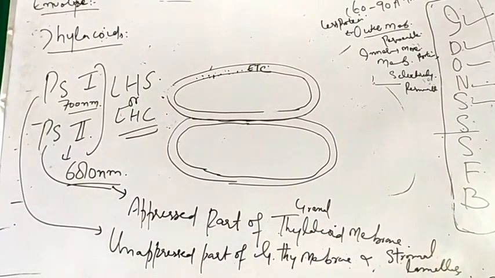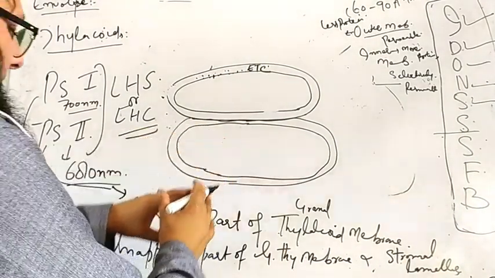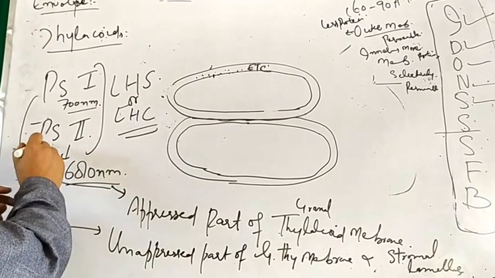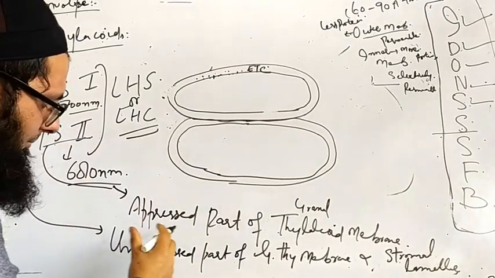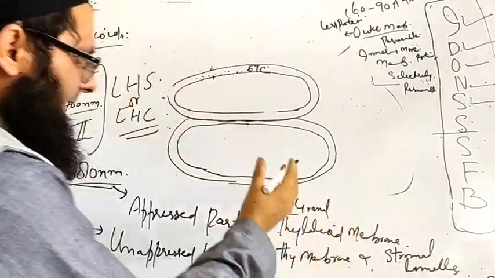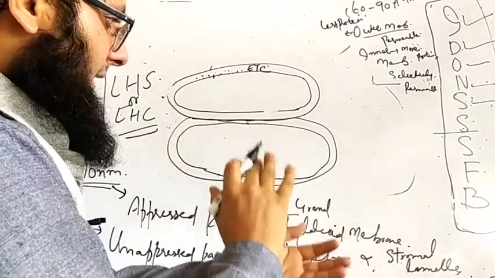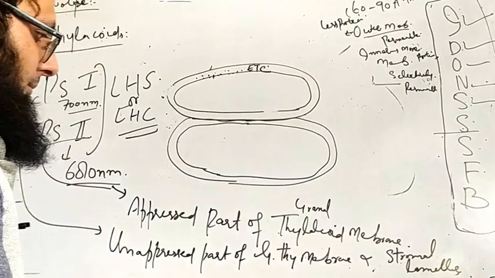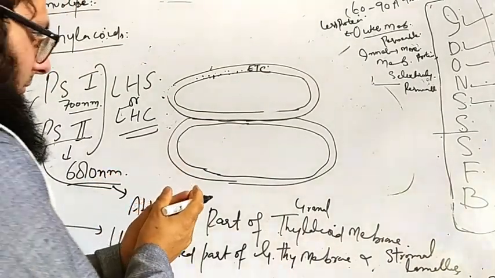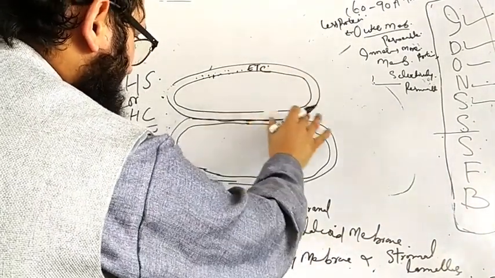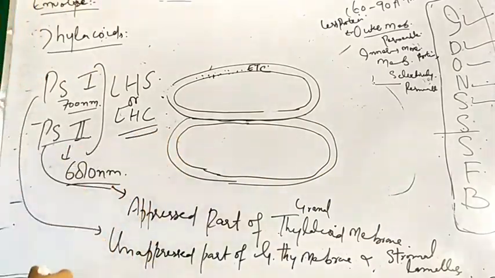Okay, so which is the appressed part and which is the unappressed part? As I told you, photosystem second is present at the appressed part of the granum thylakoid membrane. Granum means small thylakoids piling one upon another, making a granum. So like this, one piled on another, stacked one upon another.